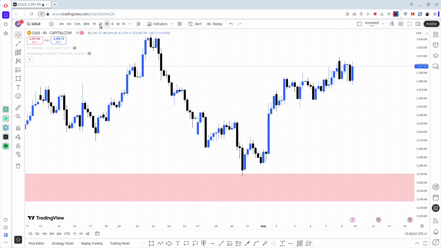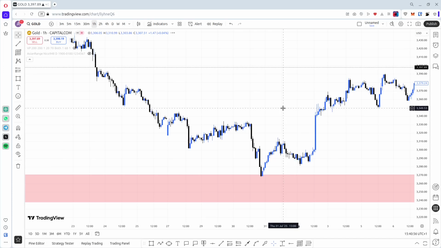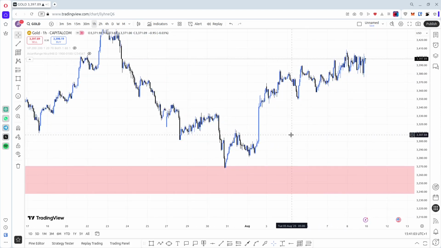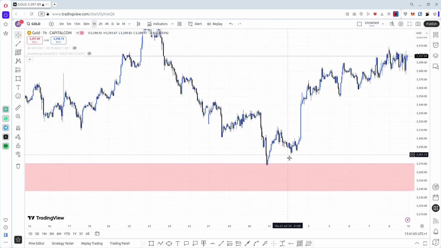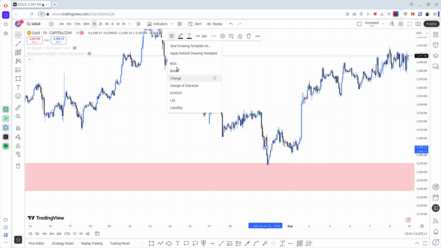If I refine again to the 1-hour time frame, for instance, then this is the 1-hour time frame. If you look at it very closely, you will see that this was the last break of structure to the downside here. This particular structure you see here looks very minute, but it was the last break of structure to the downside.